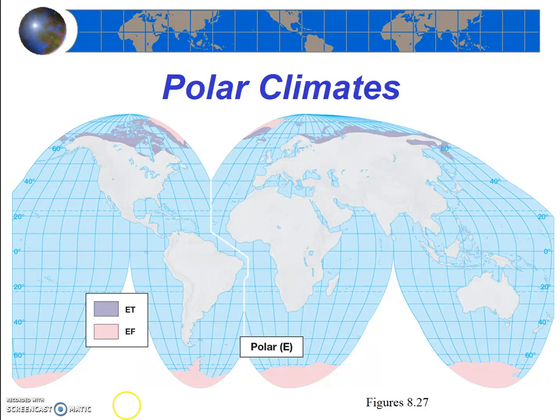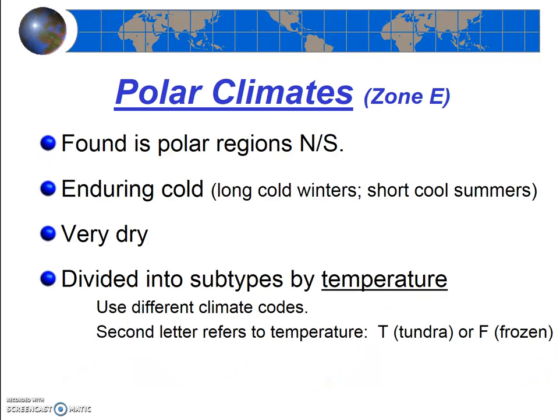Rather, the second letter that we use here is for summer temperature, and we're not using the typical A, B, C, D. Rather, we're just referring to tundra or frozen. And we'll elaborate on this on the next few slides. So here's a summary of our discussion thus far on polar climates. Pause the video and read through this carefully.